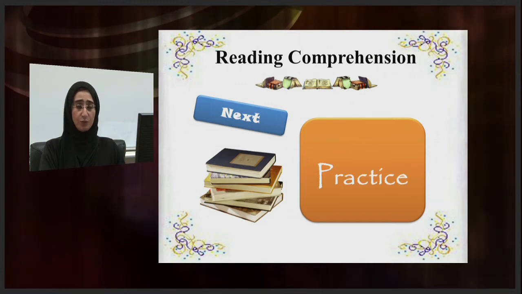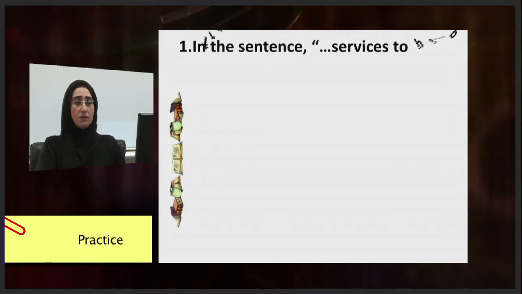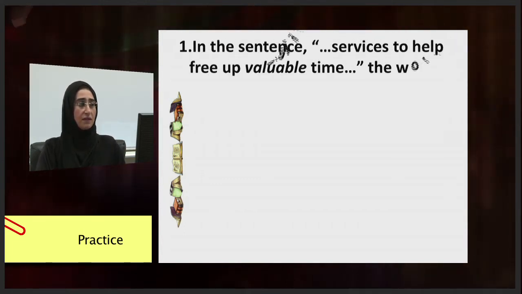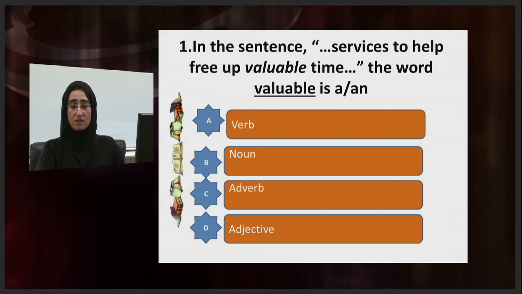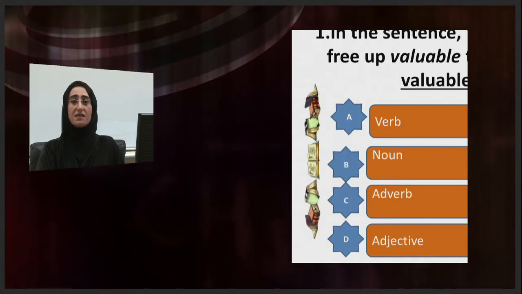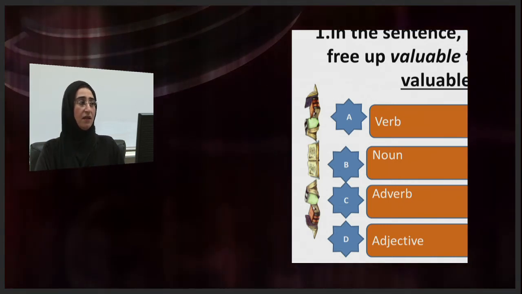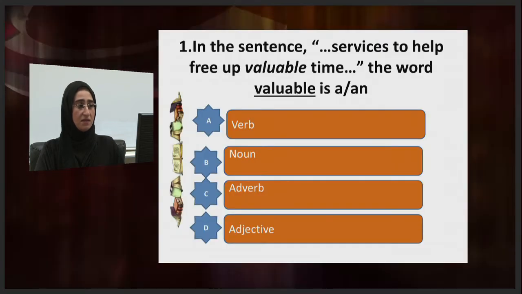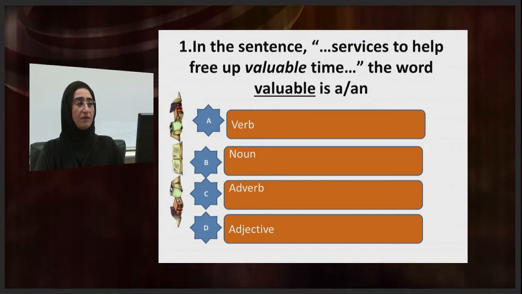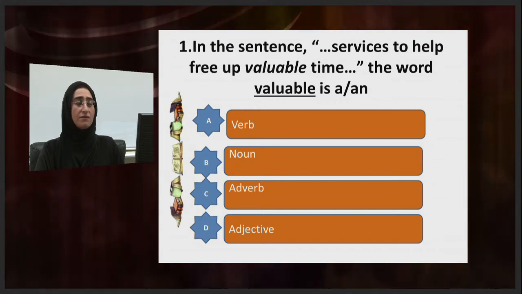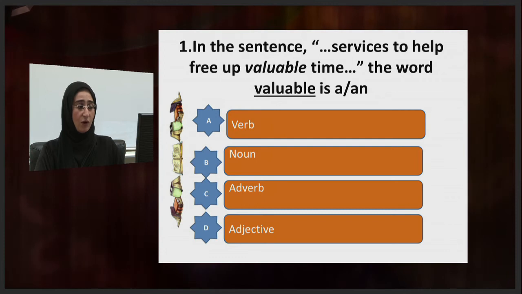So now we're going to practice. The first question here, let's look at it. It says, in the sentence, so we are dealing with the sentence, we are taking parts only. That means we're going to read the question and the distractors and then go back to the text again. Number one, in the sentence, "surfaces to help free up valuable time", the word valuable is a verb, noun, adverb, or adjective.